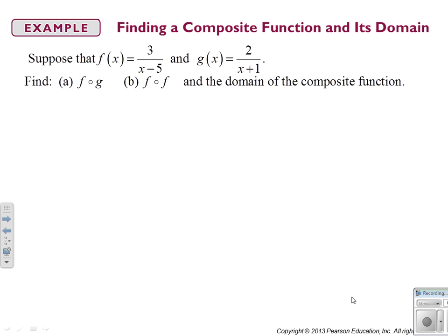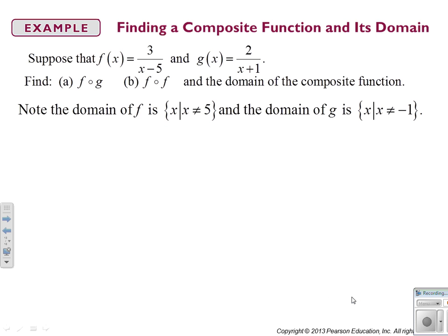Okay, let's take a look at those functions again. We're actually going to find f of g, so remembering our domain, we're going to take out x in our f function and replace it with 2 over x plus 1.